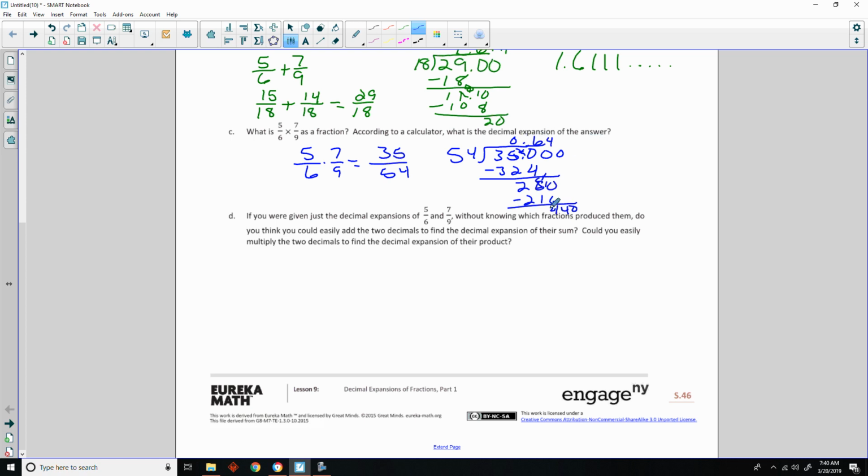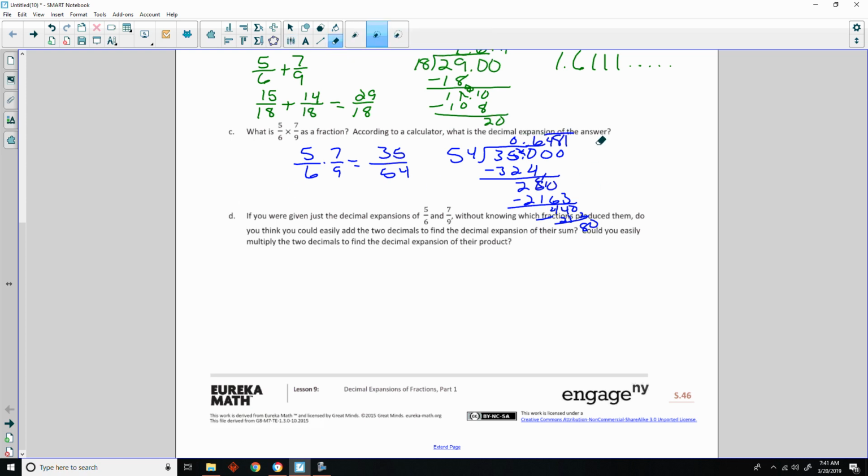I just didn't line it up right. This should be over further. So bring down a 0, and 54 will go into 440 8 times. 8 times 4 is 32. 5 times 4 is 20, plus the 3 is 23, and we get 80, and so that's 1. So it's 0.6481, and 481 is going to keep repeating now. Those keep repeating after the 6.